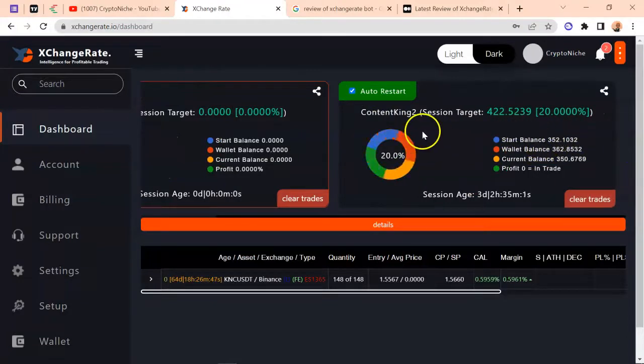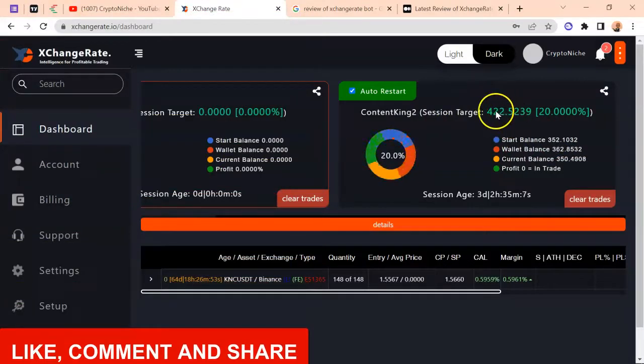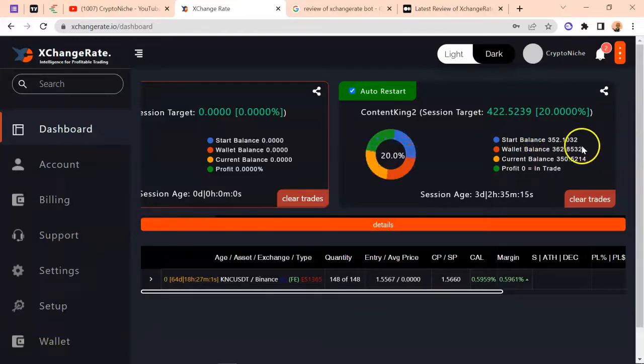My target profit is 20%. I started the bot some days ago. If the bot should hit my targets, my capital will have increased to $422.52. But right now I'm having 352, from 346 in the last video that I made. What is happening right now is that when I was starting the bot, I chose a low risk mode.